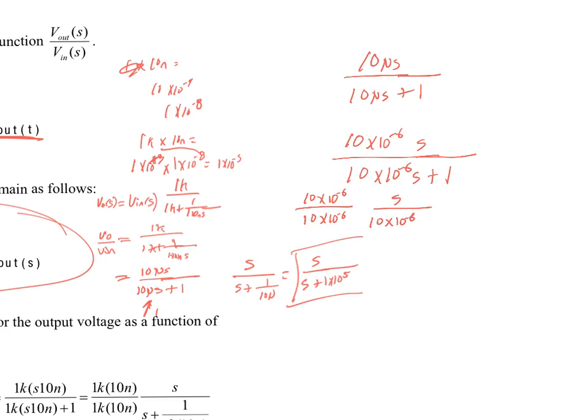Oops, I factored that out, so I don't need that there. So this is s plus 1 over 10 times 10 to the minus 6, which, these cancel each other out, so that's s over s plus 1 over 1 times 10 to the minus 5th. If I have a minus 5 in the denominator, I can bring that up to the numerator, to the positive 5th there.